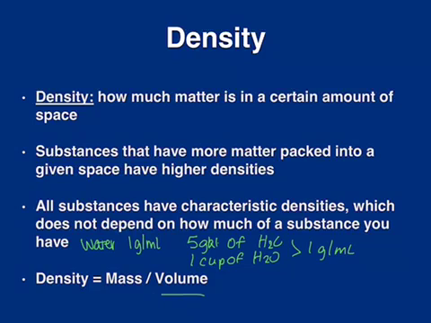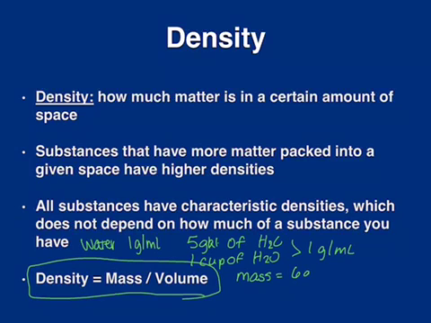And so to calculate density, we have this handy formula, which takes mass divided by volume. So if we do a quick example, let's say the mass of a mineral is 6 grams, and the volume of that mineral is 2 milliliters.